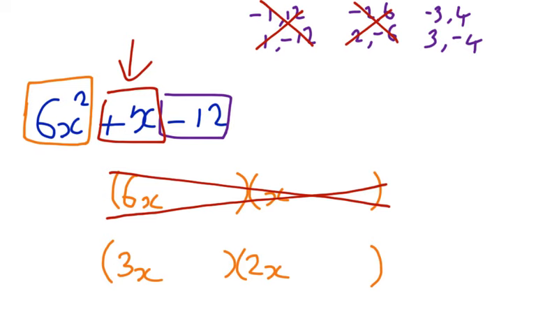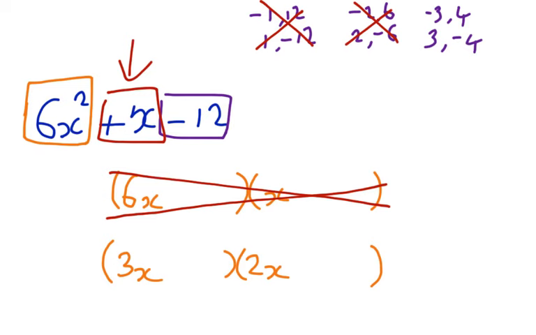So we're left now with just the minus 3 and the 4 to work out which one we're going to use. So if we do 3 times 4, we get 12, and 2 times 3, we get 6. So that's not going to work.